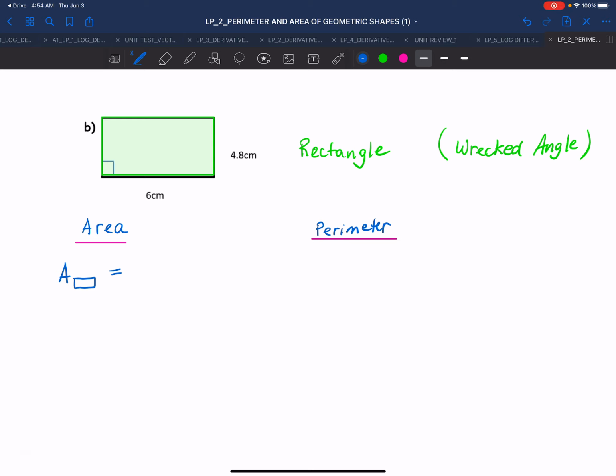So the area of it is length times width according to the formula sheet. You can always refer to them, and they come naturally, obviously, with practice. And length is 6 centimeters according to our diagram, and width is 4.8. And 6 times 4.8 is equal to 28.8.